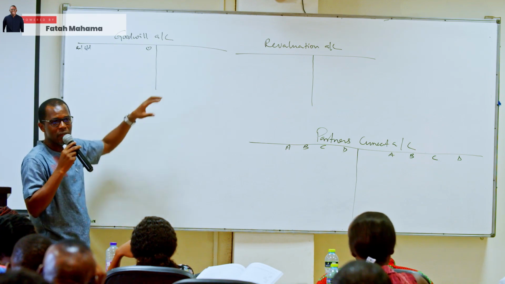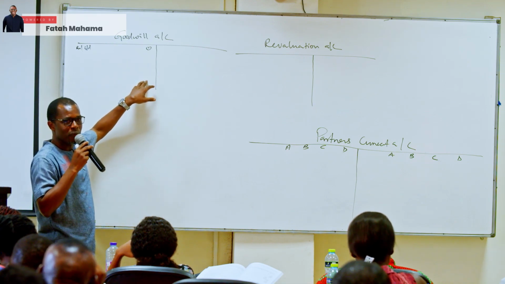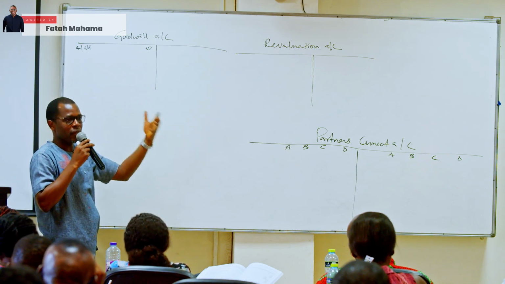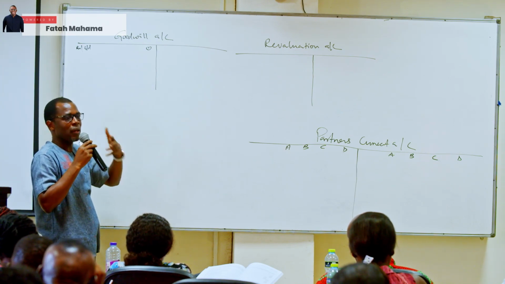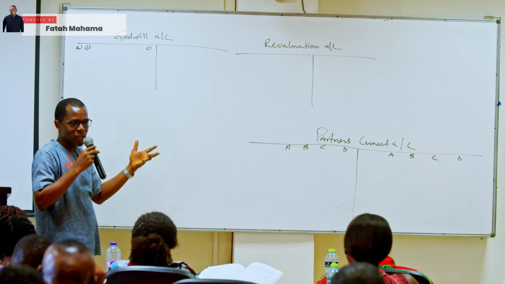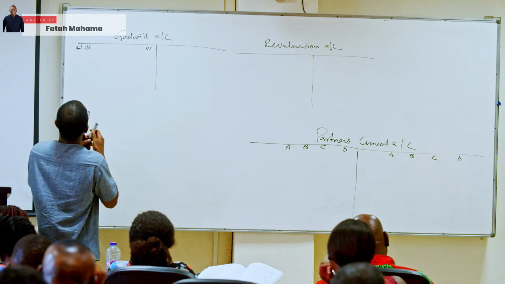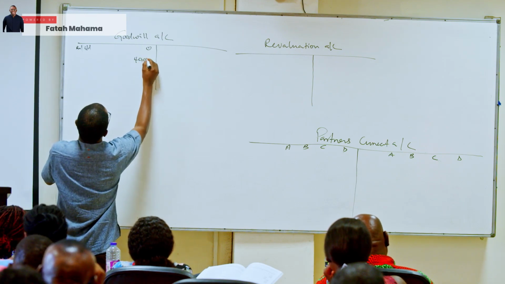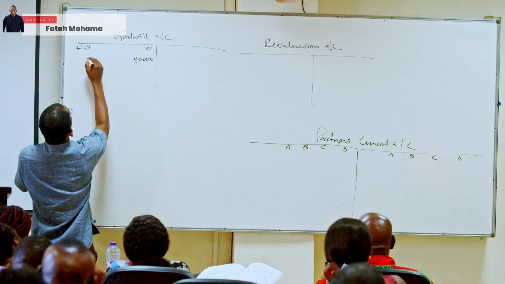Now, the examiner says that the goodwill has gone from 0 to 40,000. Goodwill, we said, is an asset. We said all assets are debit. If you want to increase an asset, you must debit it. So we must debit it how much? 40,000. What must the description be? Revaluation.